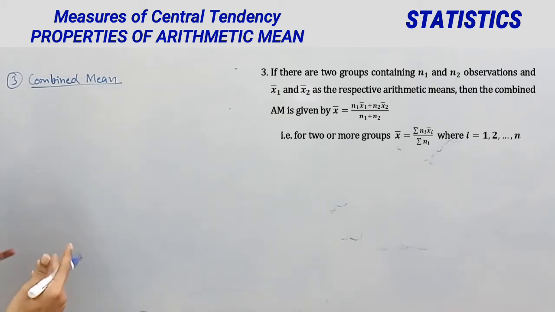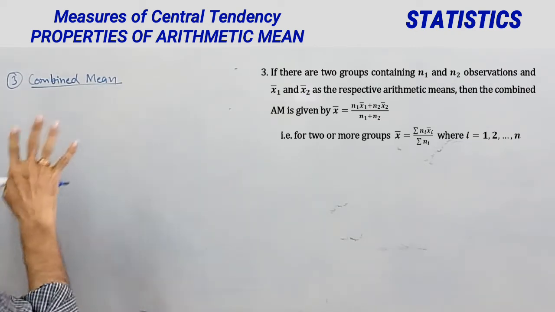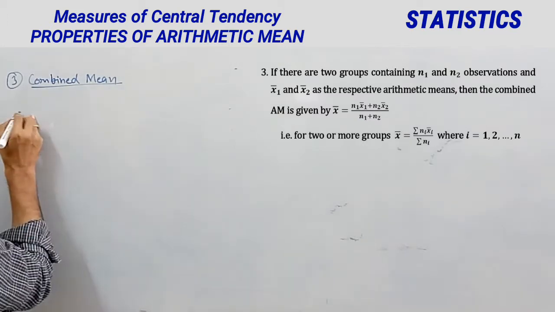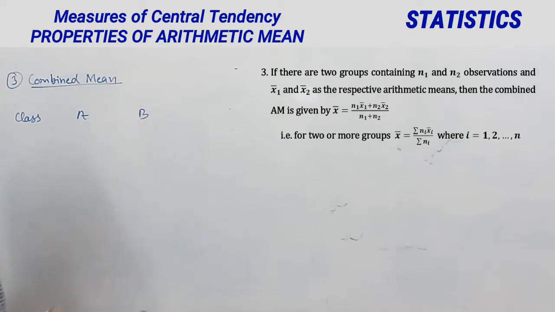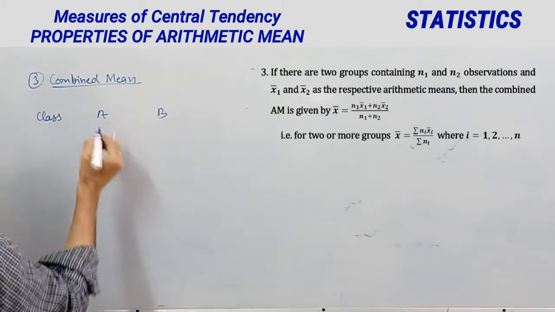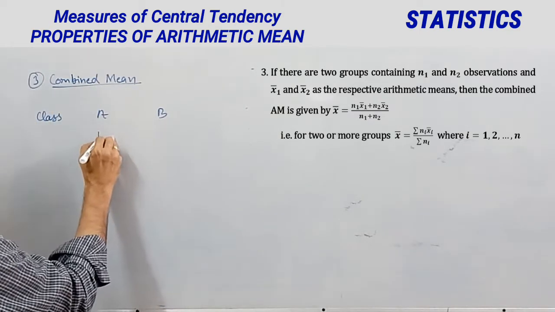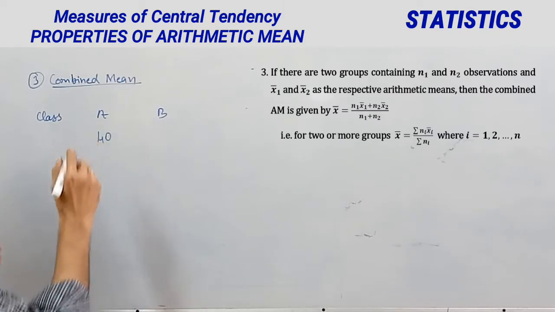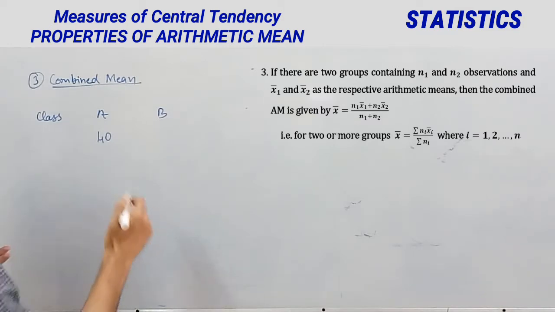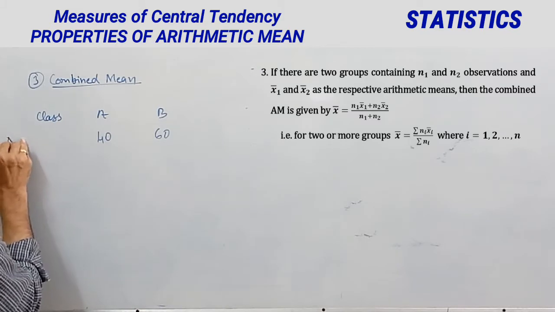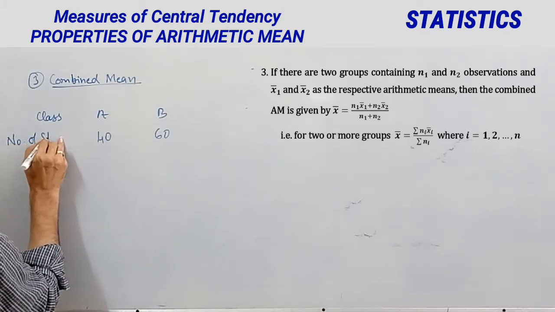Let us consider two classes of students, class A and class B. These are two groups. In class A the number of students is 40, and in class B the number of students is 60. This is the number of students.